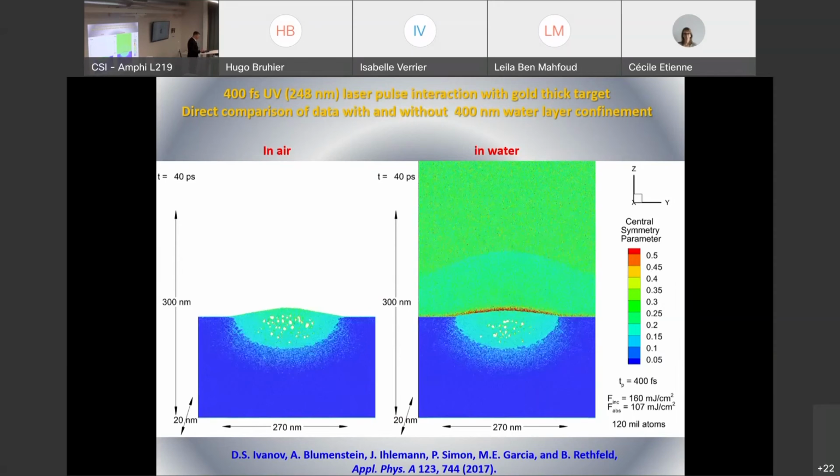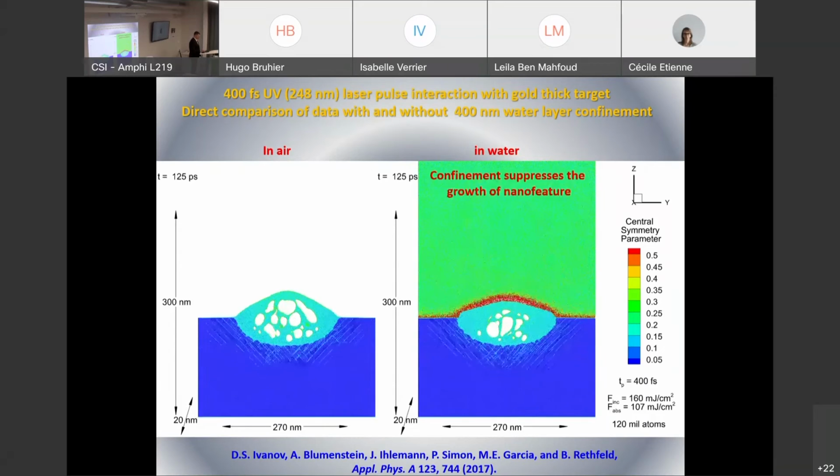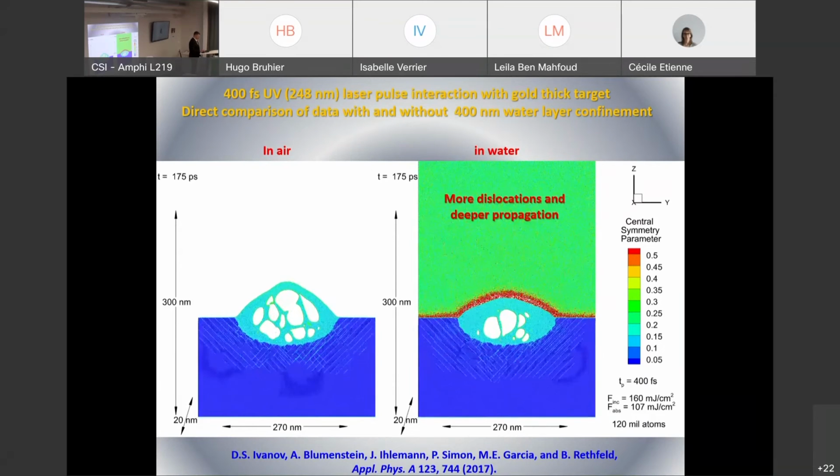Then we have formation of voids in a similar way, but already by 50 picoseconds we notice that water has additional resistance on the growing nanostructure, and therefore the structure grows slower. And the additional resistance of water is also reflected in the way that the dislocation planes penetrate deeper, and the deformation takes a more massive character.